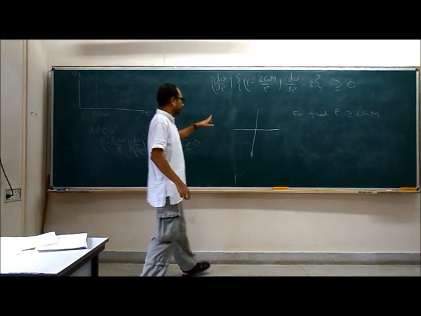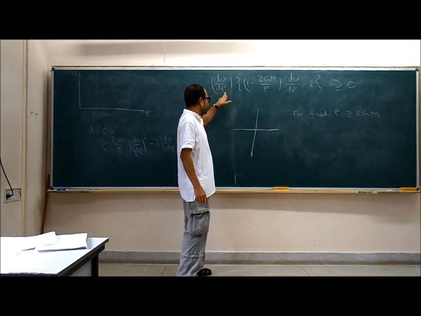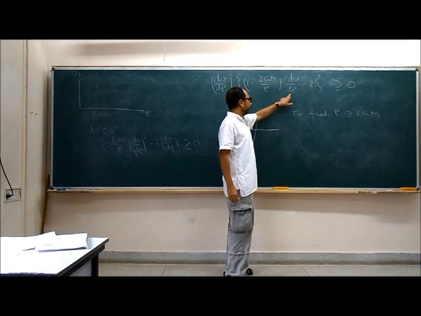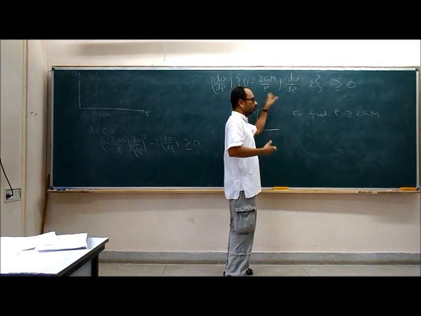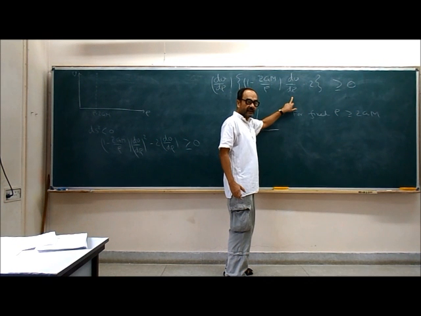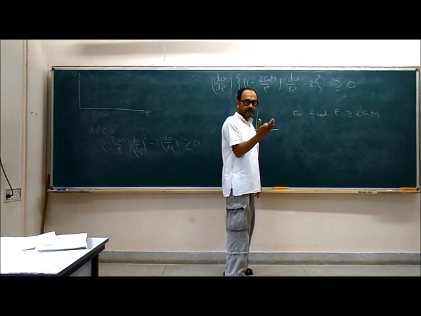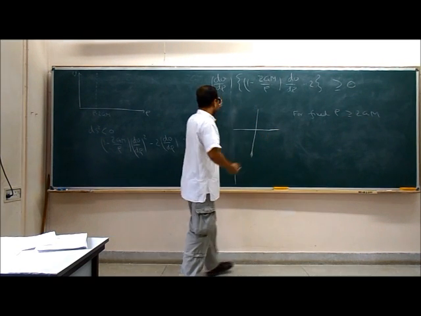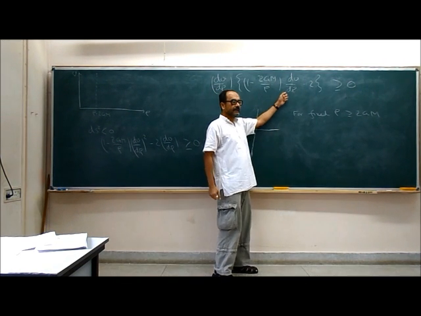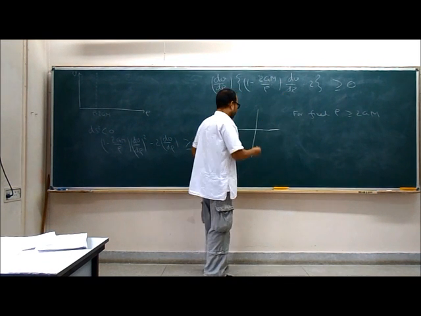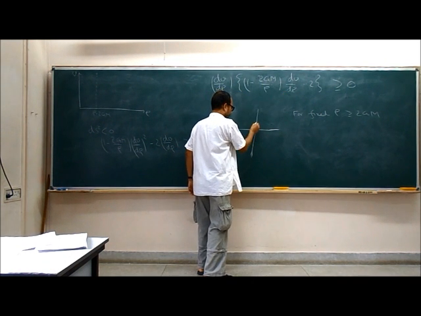That actually is not hard to see, because if dv0 is positive, then this factor must also be positive, which means that dv0 has some kind of lower bound. If dv0 is positive, then the second one says that dv0 has a lower bound, which means that it must be this region. This is the allowed region.